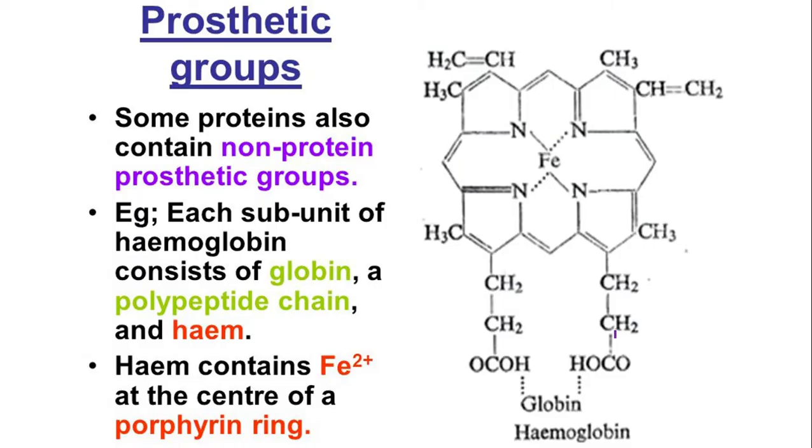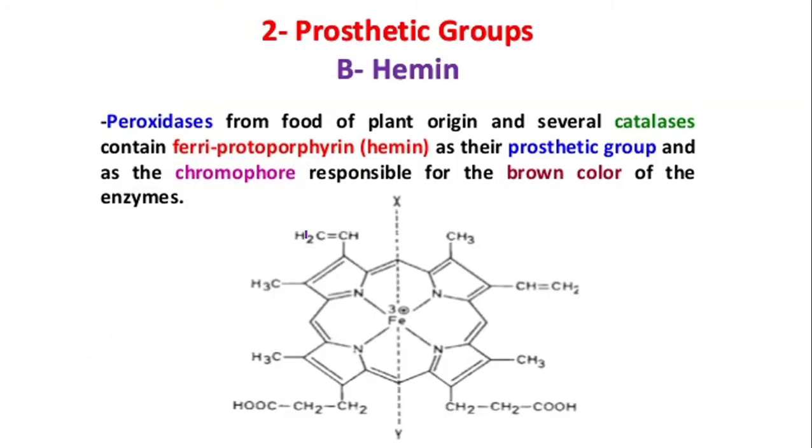And again, another side of hemoglobin. Each subunit of hemoglobin consists of a globin, a polypeptide chain, and a heme. Of course, these things are already given to you. Hemin, you might not have heard about this. Hemin, beta hemin. Peroxidases from food of plant origin and several catalases contain ferriprotoporphyrin.